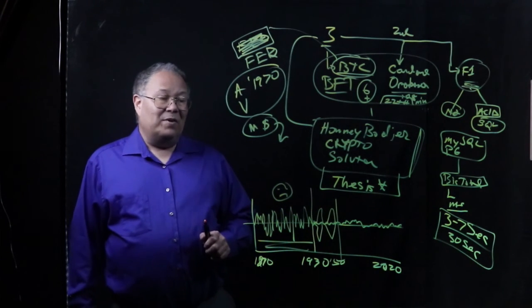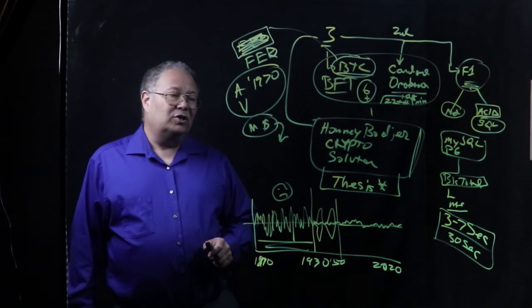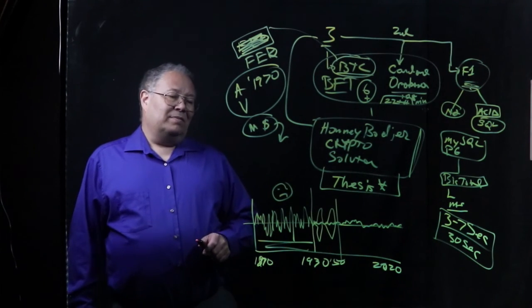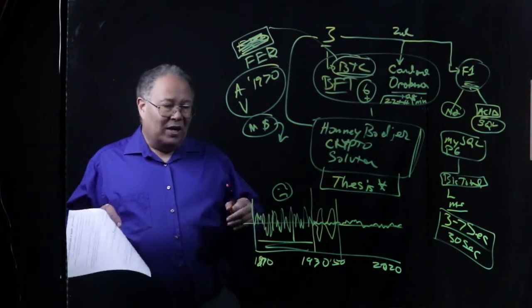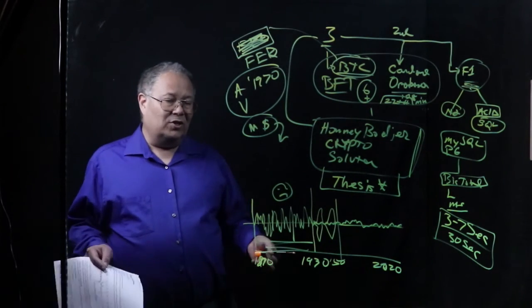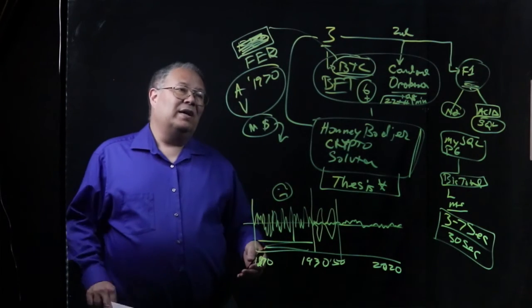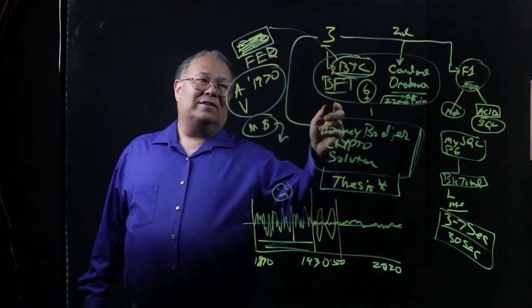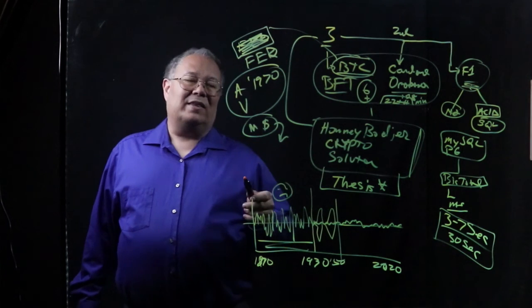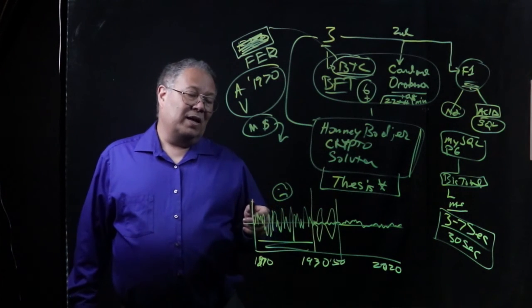So I would say the Fed, by and large, has done a pretty darn good job at smoothing out the economy, making recessions less severe, depressions less severe, keeping prices from skyrocketing up and down, and Bitcoin doesn't have something like that. It doesn't have a central authority.